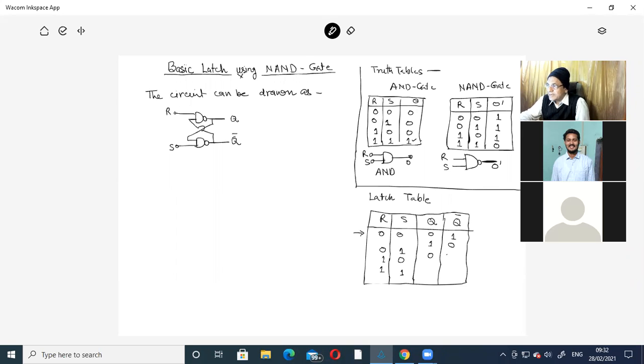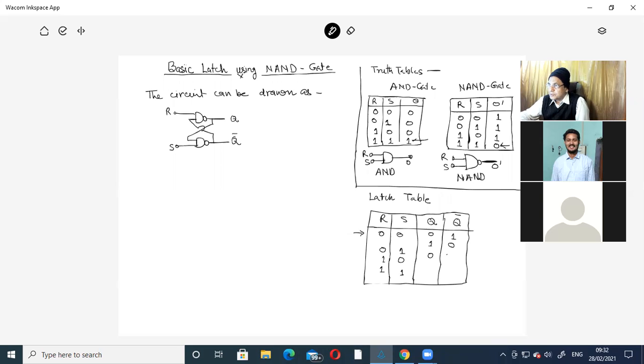In case of NAND gate, these are the two inputs, R and S, and O dash is the output of the NAND gate. From the truth table, the output is low only when both inputs are high.